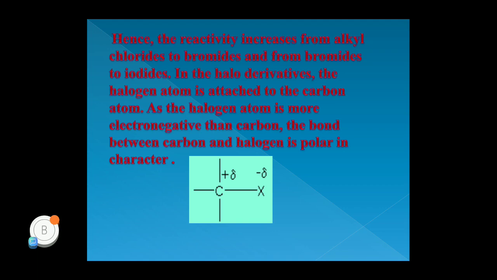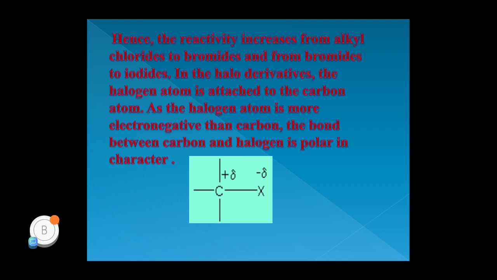Because of that negativity, it creates a polar charge, a partial negative and a partial positive charge on the radicals. So there is polarity, and because of that polarity, it requires more energy. Hence, the reactivity increases from alkyl chloride to bromide and from bromide to iodide.